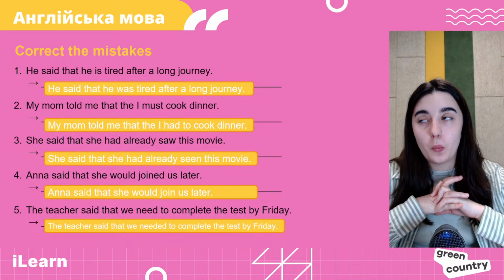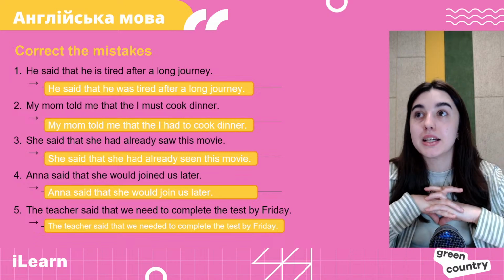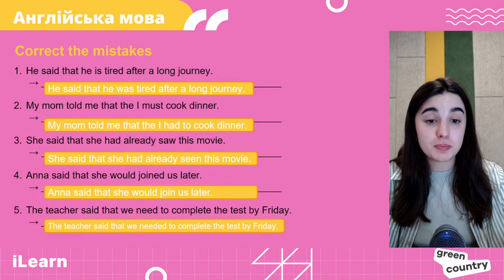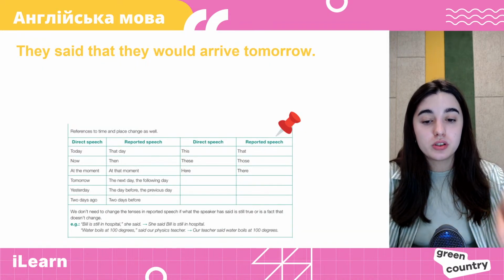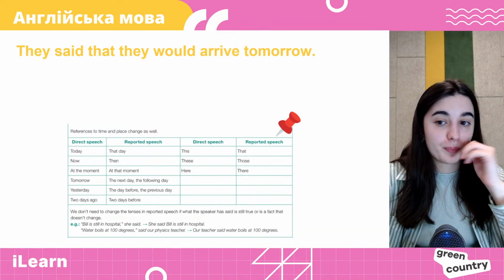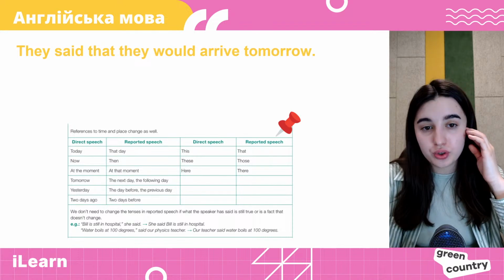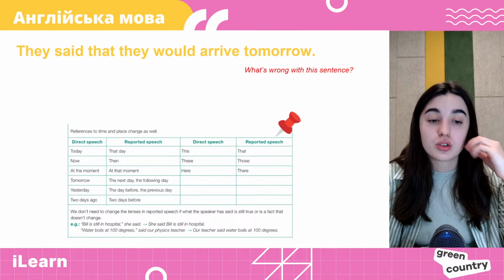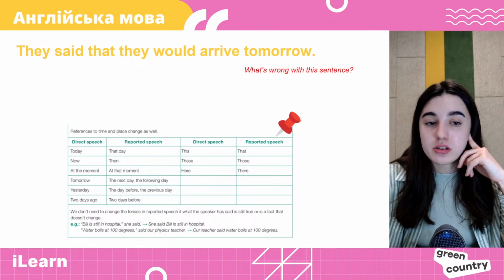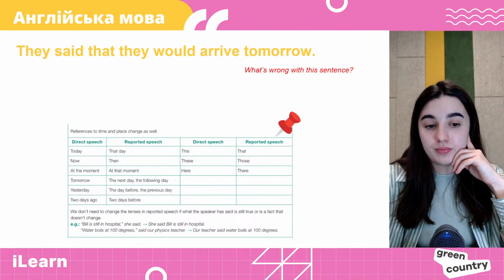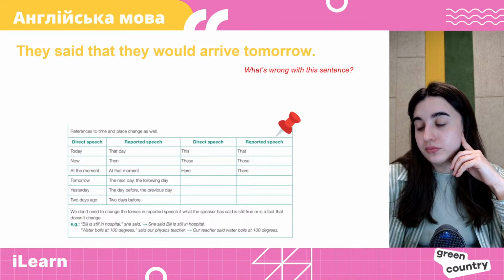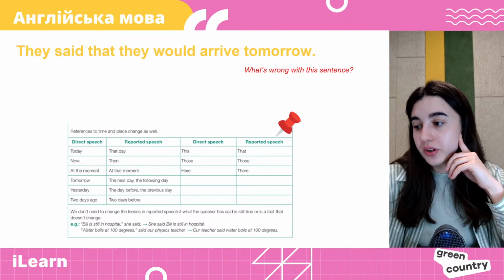And one more tricky moment in the reported speech. I want you to check this sentence. They said that they would arrive tomorrow. So what's wrong with this sentence? Where is the mistake?